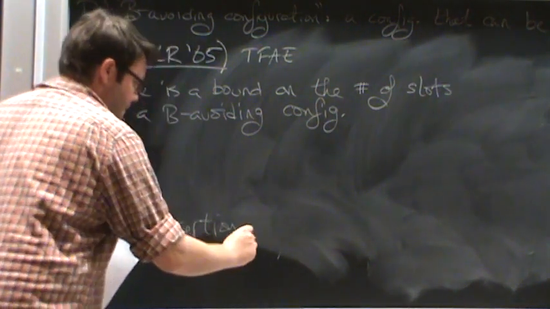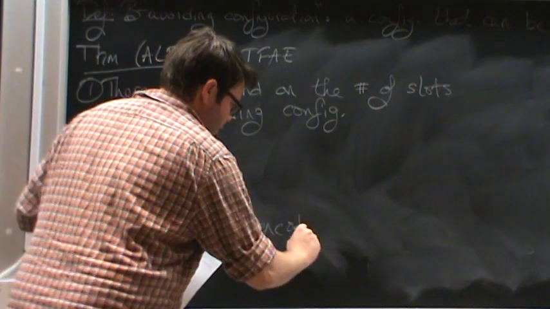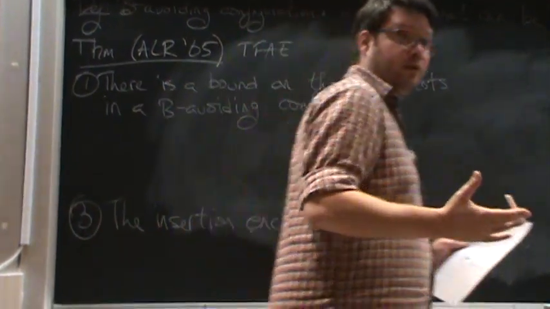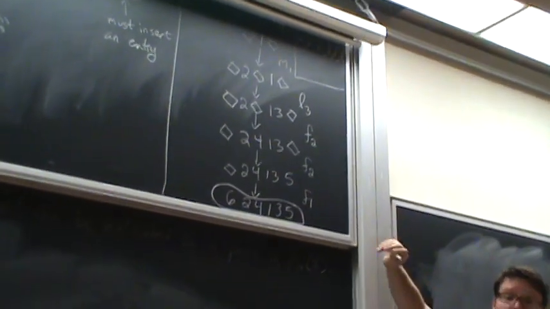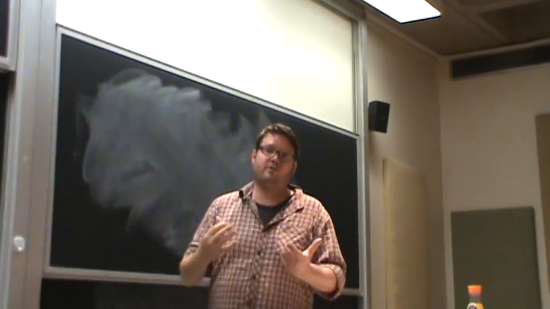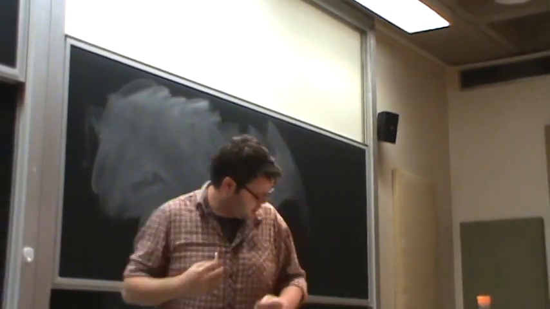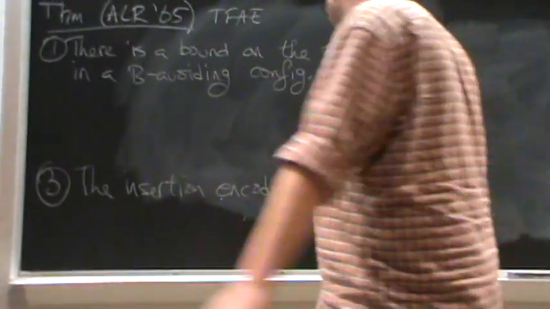The insertion encoding. So, in other words, the language of words, like this M1, L3, F2, F2, F1, that correspond to permutations in AVB. I'm going to call it the insertion encoding of AVB.